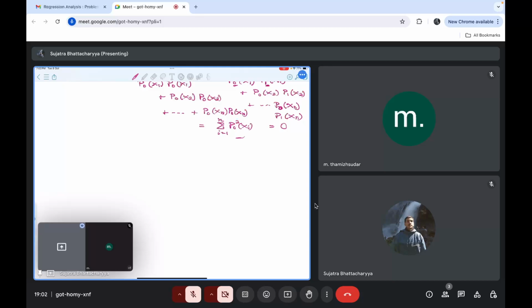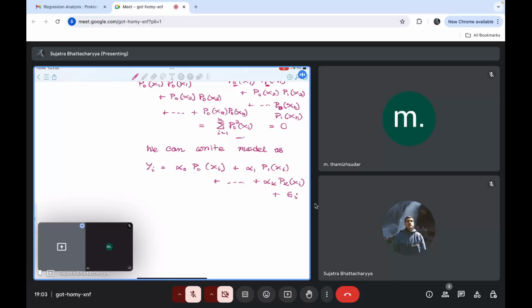Therefore we can write the polynomial regression model in terms of orthogonal polynomials in this way: yi is equal to alpha naught p naught xi plus alpha 1 p1 xi plus so on up to alpha k pk xi plus epsilon i.